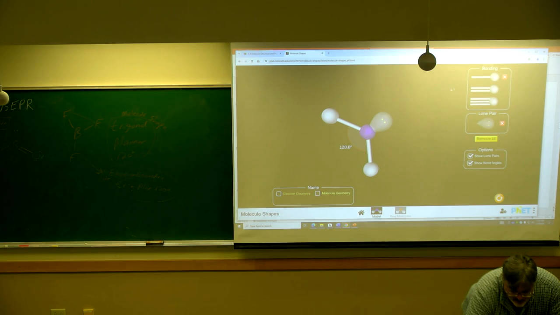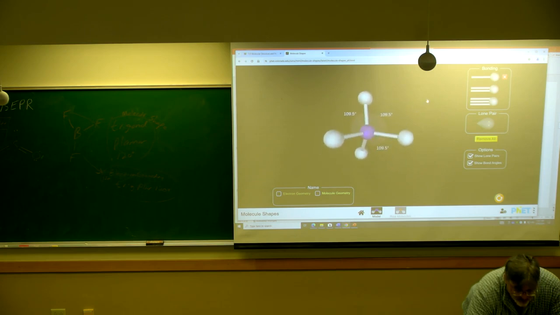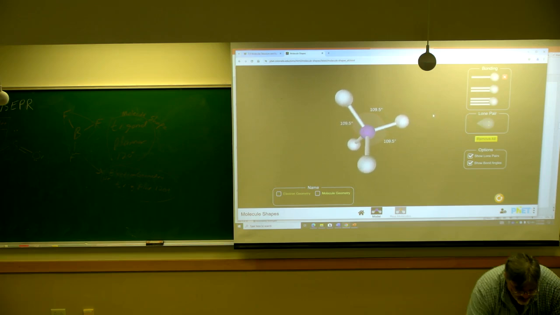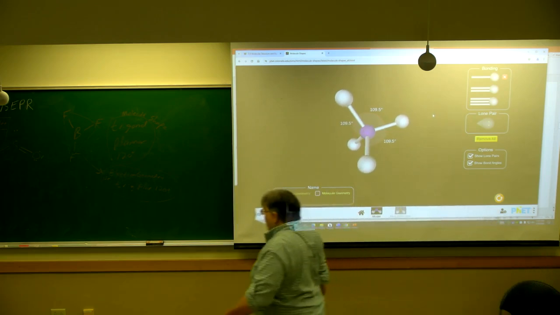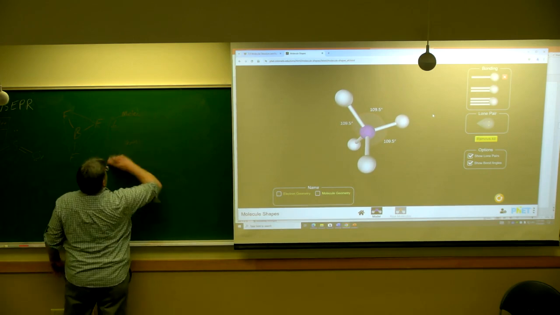All right, next on that list, next down, I'll go back to this. All right, this shape is called the tetrahedral shape. Now we've broken out into 3 dimensions. There's just no way to draw that on the board. To draw that on the board, you will sometimes see what we call dash wedge diagrams.